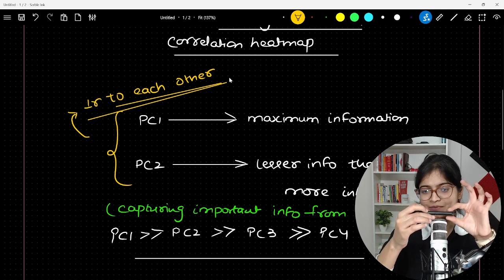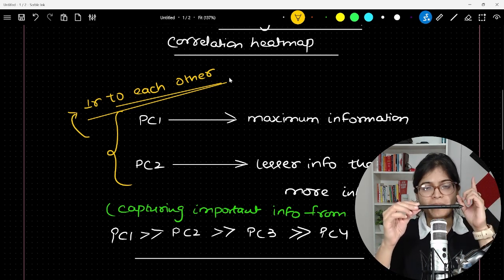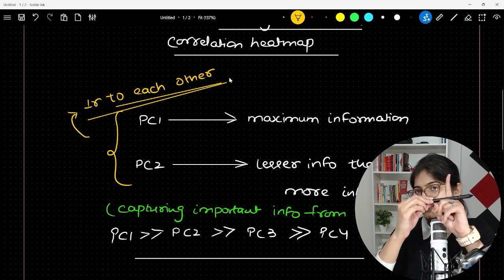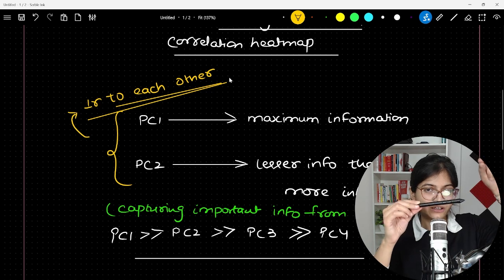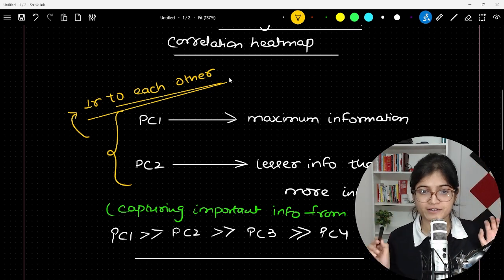For example, if this is my PC1, then my PC2 will be like this, just perpendicular. If I have PC3, it will take a third direction, which is perpendicular to both PC1 and PC2. I hope you get my point.